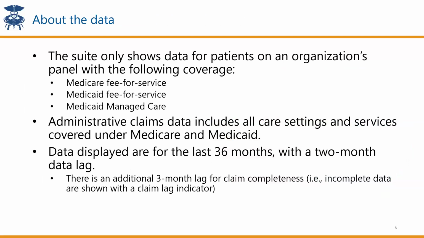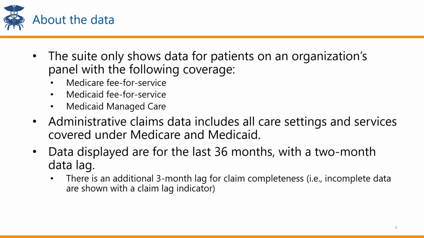This slide is a little bit repetitive, but it lists out the data that's in the report: Medicare fee-for-service, Medicaid fee-for-service, and Medicaid managed care. Again, the suite only shows data for patients on your organization's panel that fall into one of those categories.